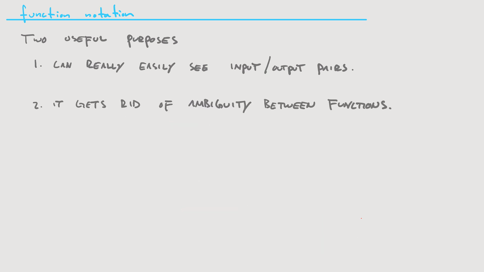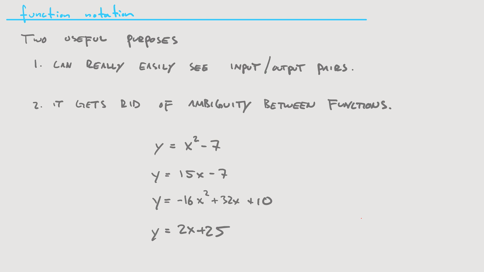The second useful purpose for function notation is that it gets rid of ambiguity between multiple functions. So for example, let's say we have this list of functions here, and I say, all right, evaluate the function at x is equal to 7. And you might say, well, which one am I evaluating? Right? And that's exactly my point. We don't know.